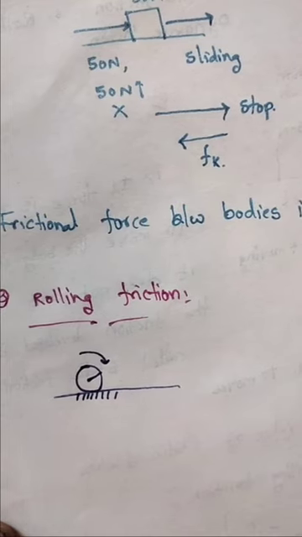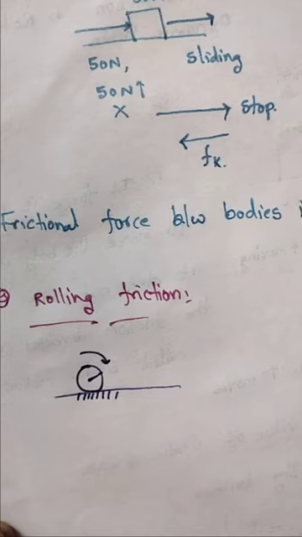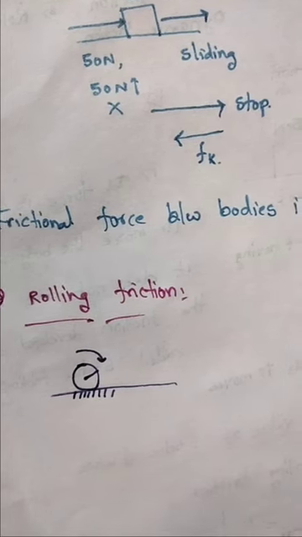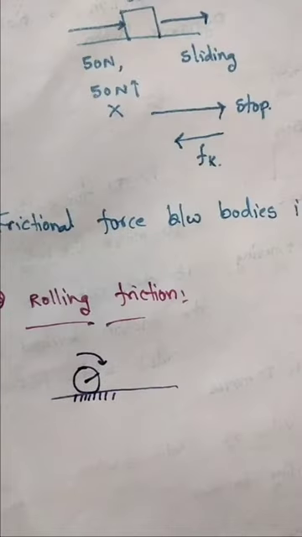This may be a tire, a ring, or a spherical ball rolling without slipping over a horizontal plane. So how do we write the definition of this one? The same as in the previous cases.